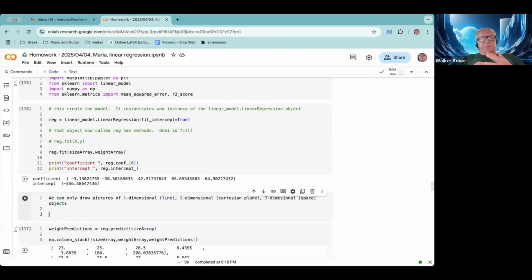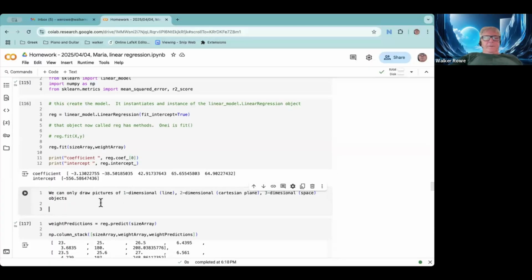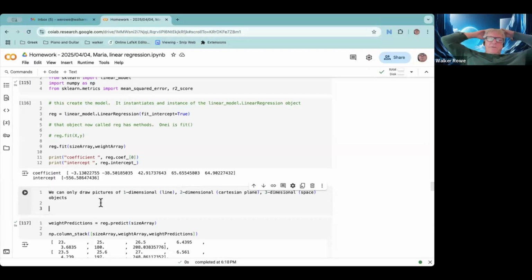We cannot draw a four-dimensional object. We definitely cannot draw a five-dimensional object. Maybe they exist. They do exist in mathematics, but you cannot see it.